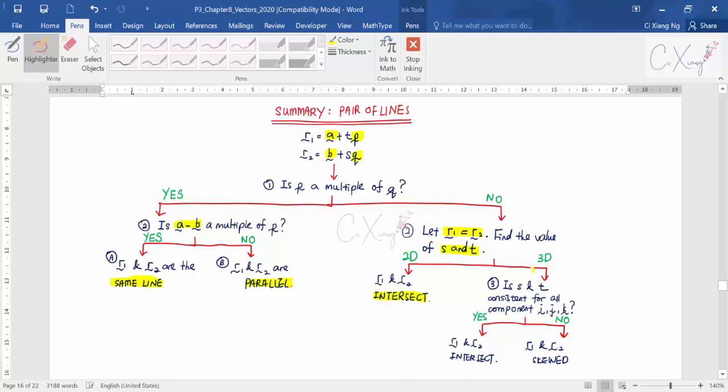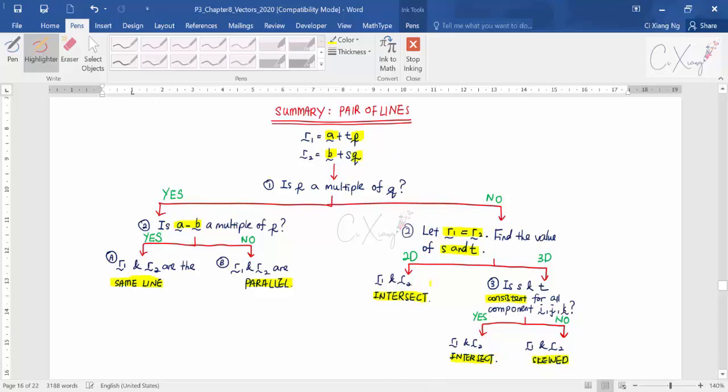But for 3D cases, you need to further investigate and see whether S and T are consistent for all the components IJK or not. If yes, then only they intersect. If no, then R1 and R2 are skewed.